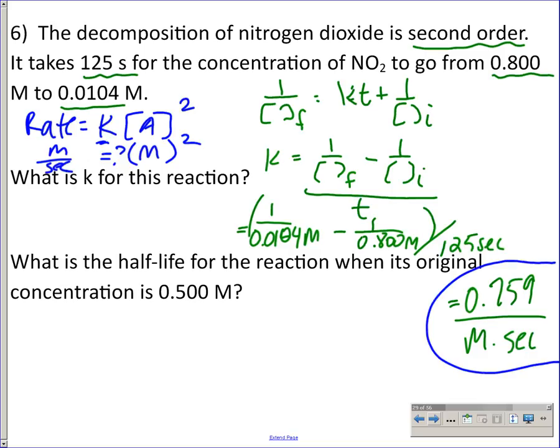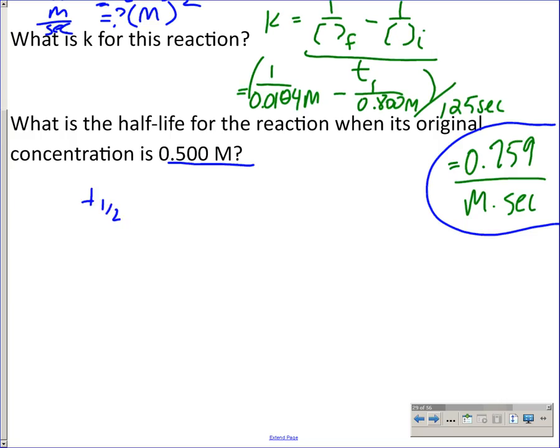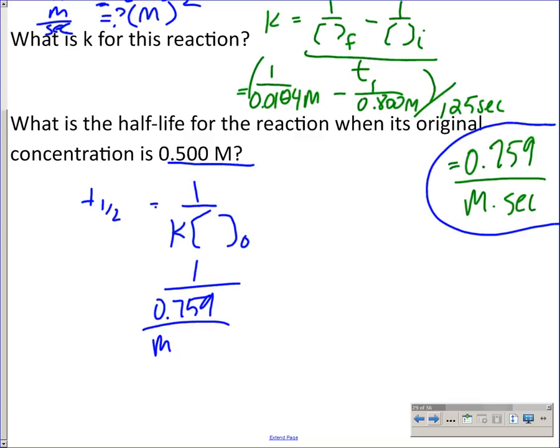Okay, what's the half-life of the reaction when the original concentration was this? What's the half-life equation for second order? T 1 half equals 1 over K times the initial concentration. Okay, and we have the initial, and we have K. So 1 over 0.759 per molarity seconds times the initial of 0.500 molarity.